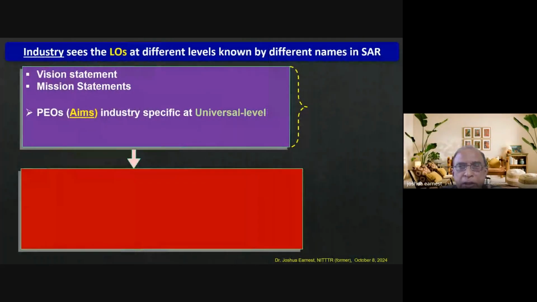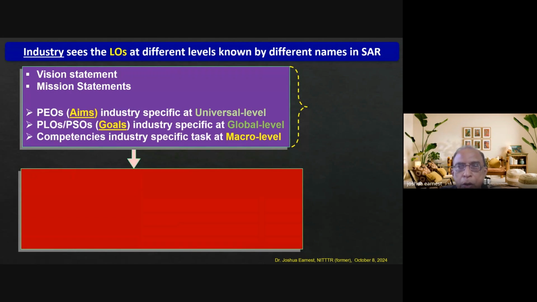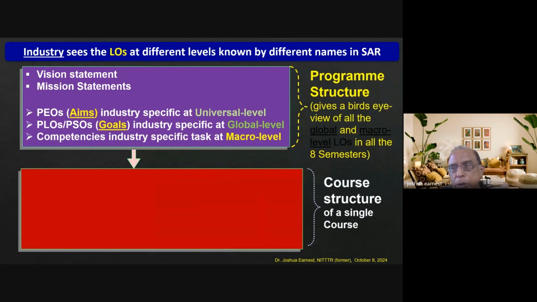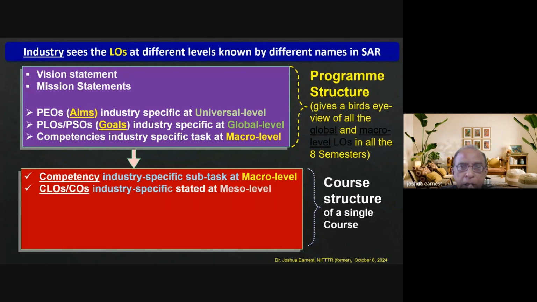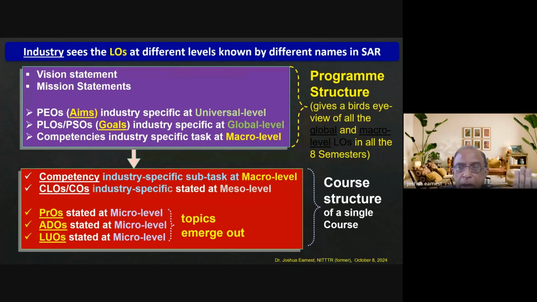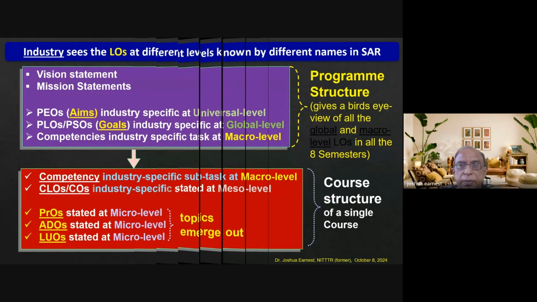So now we are going to develop the course structure. Up to competencies you have already developed. Now we develop the learning outcome at the CO level, the PRO level, ADO level and LUO level, and the topics will emerge from here.